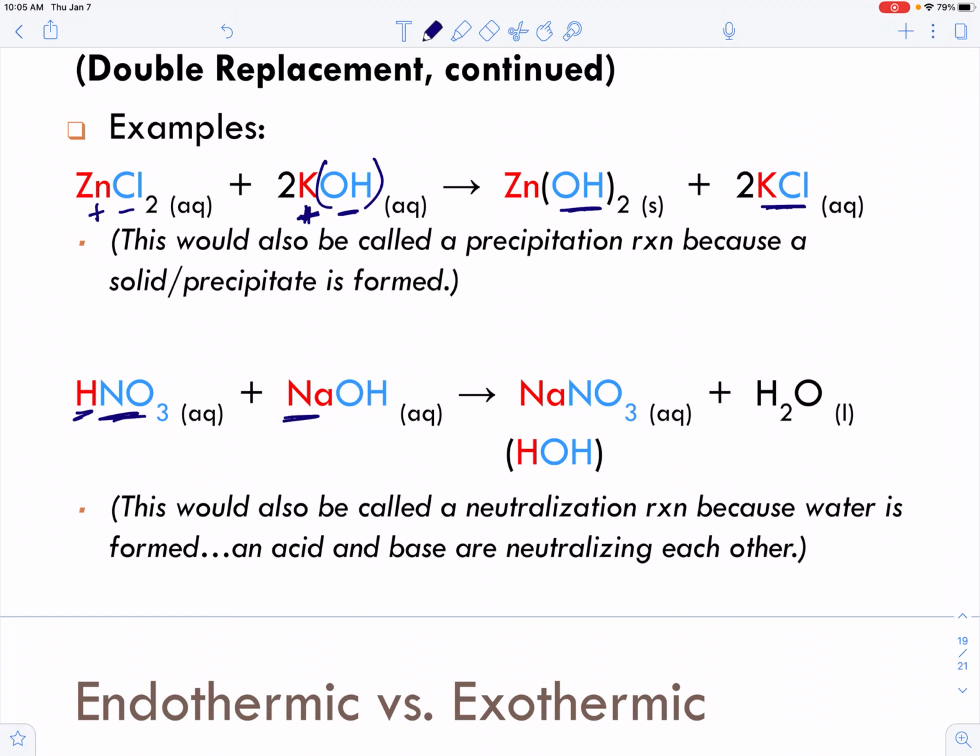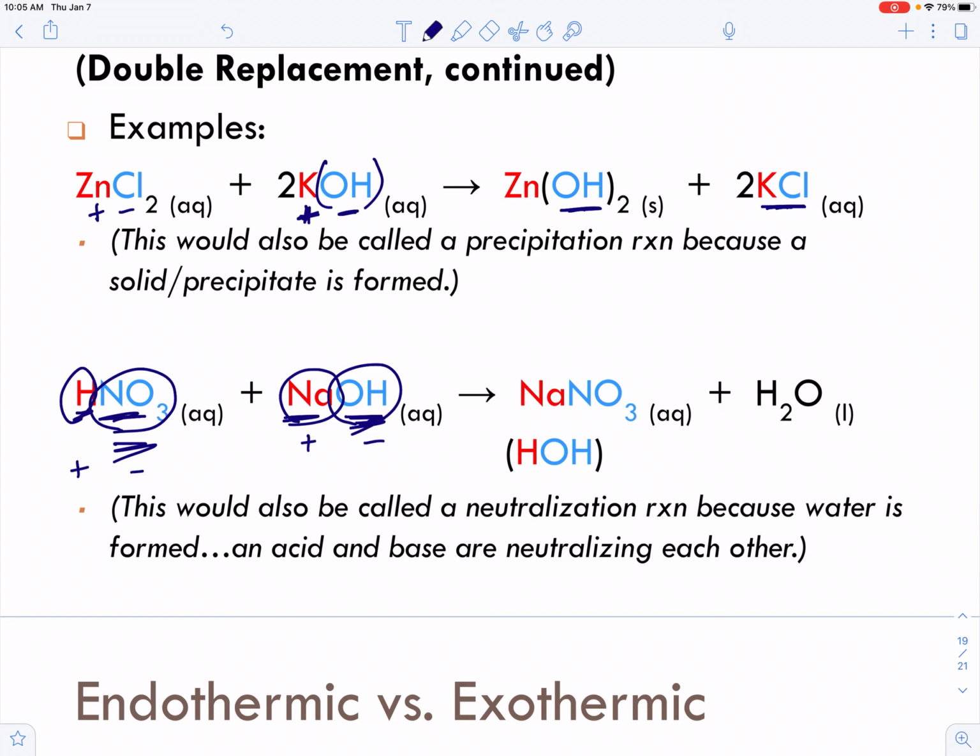HNO3 and then NaOH. This is actually an acid-base neutralization, and we'll talk more about those later, but those are often also double replacement reactions. So hydrogen was paired with nitrate. Again, you can look at the polyatomic list. Sodium is paired with hydroxide. Again, another polyatomic.